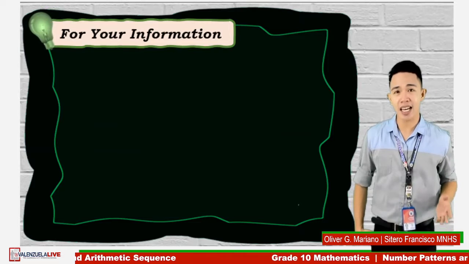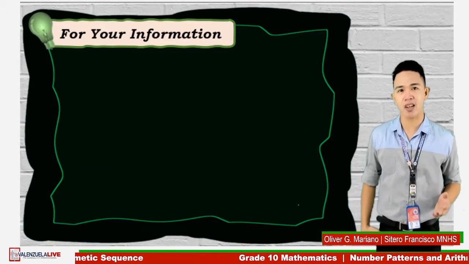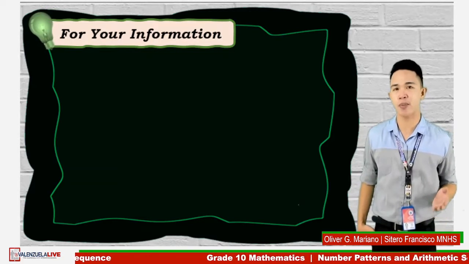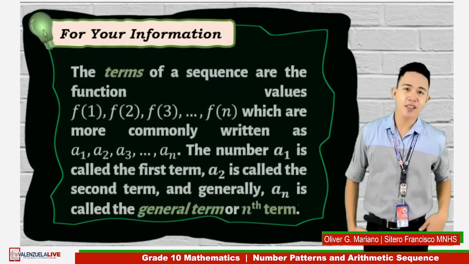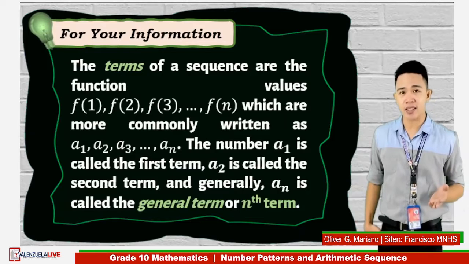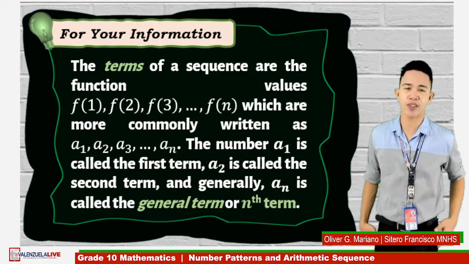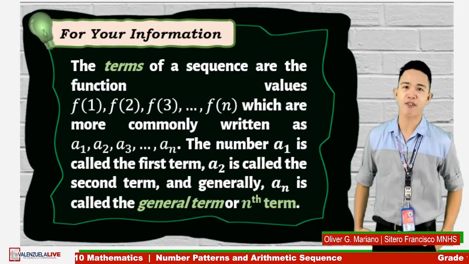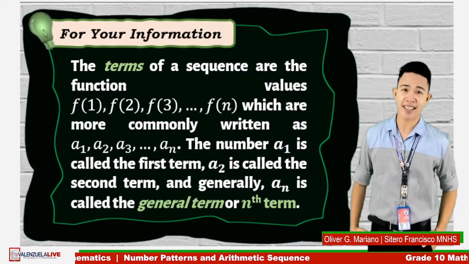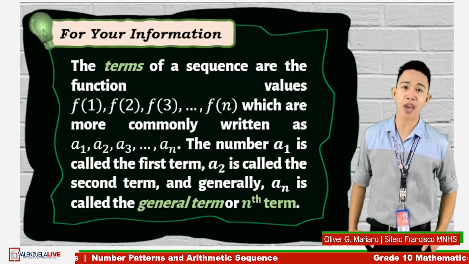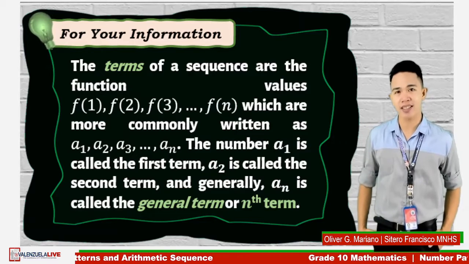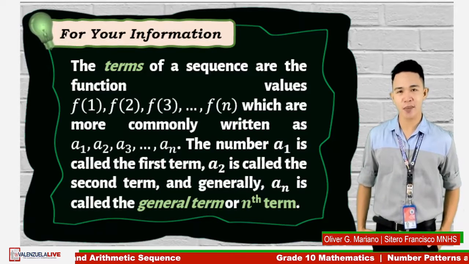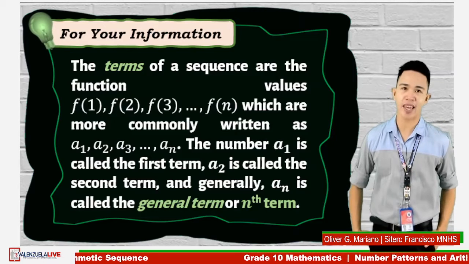Let's now take a look at some important concepts about sequence. First, the terms of a sequence are the function values f of 1, f of 2, f of 3, and so on up to f of n, which are commonly written as a sub 1, a sub 2, a sub 3, and so on up to a sub n.